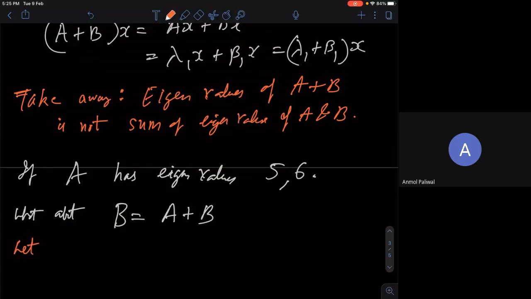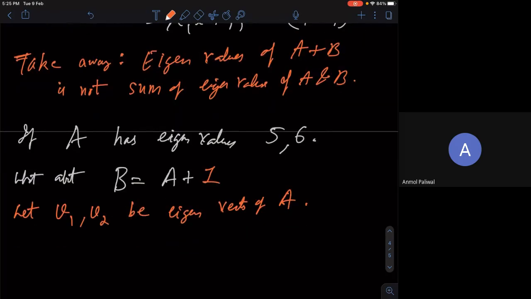Let V1, V2 be eigenvectors of A. Then we also know this fact: V1 and V2 are eigenvectors of I, something we saw earlier, because I times V1 is the same as V1 with an eigenvalue lambda where lambda is 1.